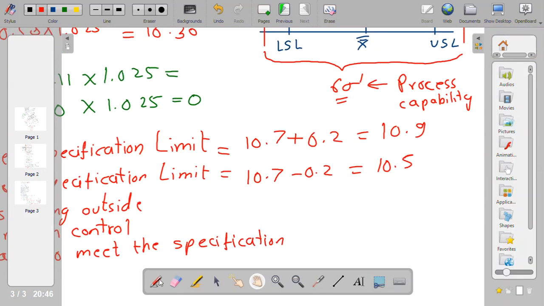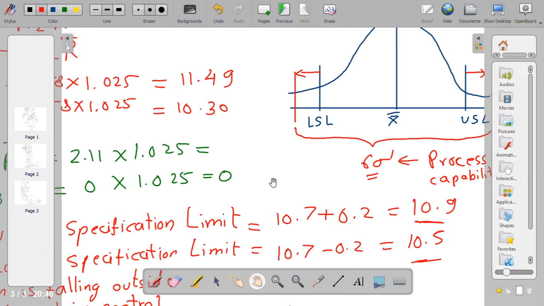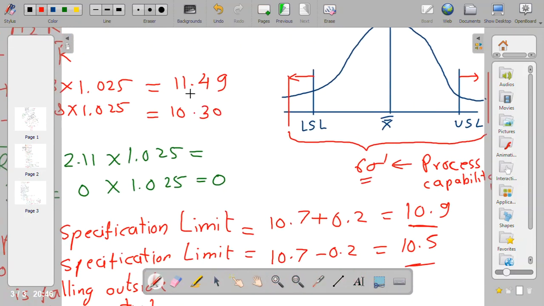Even with the specification limits of 10.9 and 10.5, your control limits are falling outside these, definitely. The upper control limit is 11.49 and the lower is 10.3, so the upper is falling outside the specification limit.